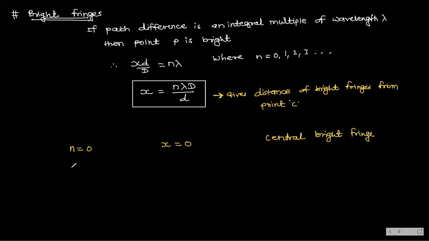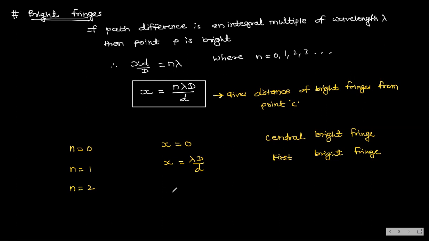Okay, next n is equal to 1, then x is equal to what, Ray? Lambda D by small d. What will you get? First bright fringe. Yes, no, what will you get? First bright fringe. Clear? Next, n is equal to 2.